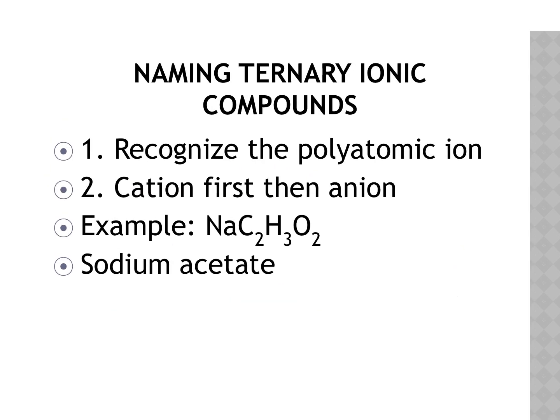Let's switch gears to naming. So just how do we name these ternary ionic compounds? First, you just have to recognize that there's a polyatomic ion in the formula. And if there's a polyatomic ion in the formula, how many elements will be in the total formula? 3 or more. Okay, so I'm going to say 3+ elements. And what are you looking for that distinguishes different elements?